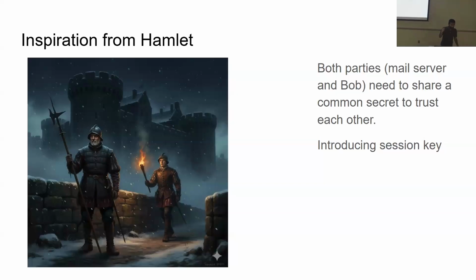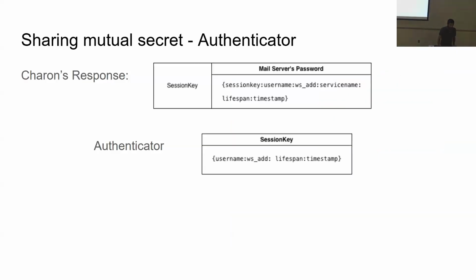That's not a trivial problem because it's a distributed system, and you can't just spam the mail server and Sharon for every request which is made to the mail server. So instead, we come up with a very clever approach, I would say, where we don't spam any of these servers, and it's the client which does the heavy lifting. Again, the core idea to keep in mind is the session key which will be shared between the mail server and Bob.